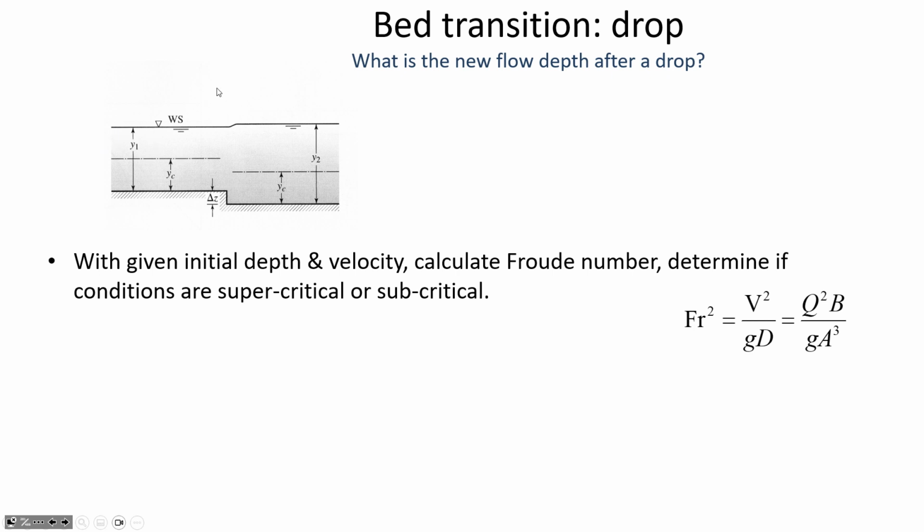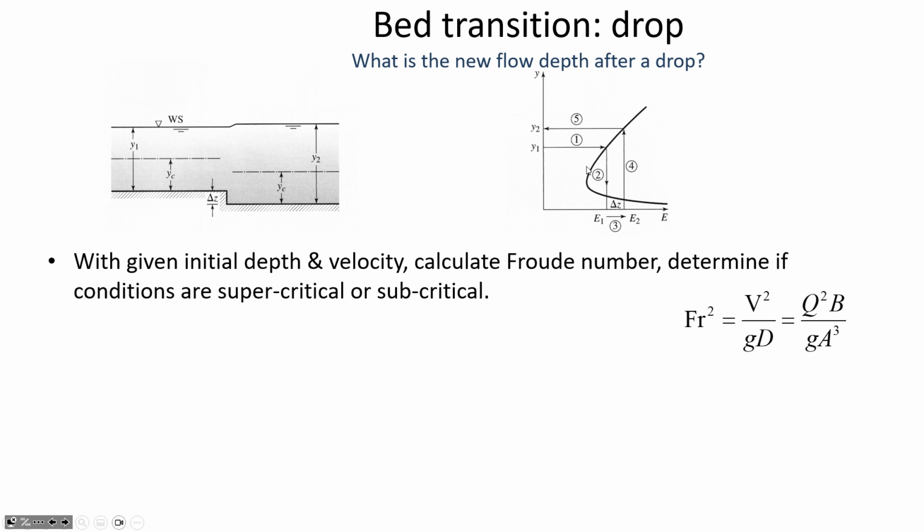Either of those will allow you to determine if upstream conditions were supercritical or subcritical. So you could use the Froude number or compare the given flow depth to the critical depth. So once you've determined the upstream condition, then that'll help you to know what's happening on the specific energy diagram.